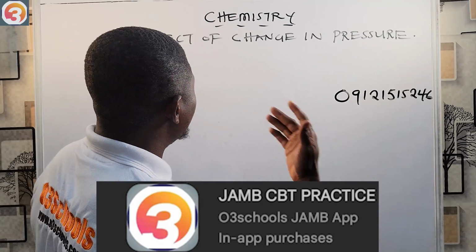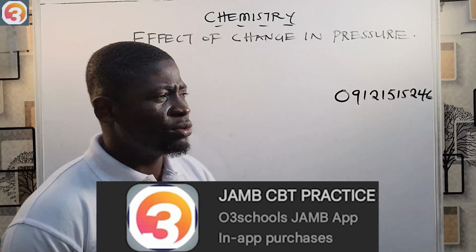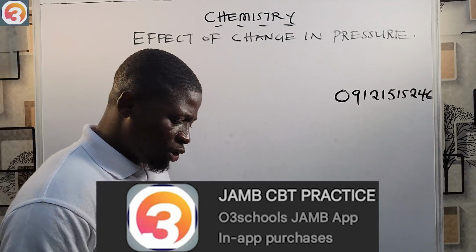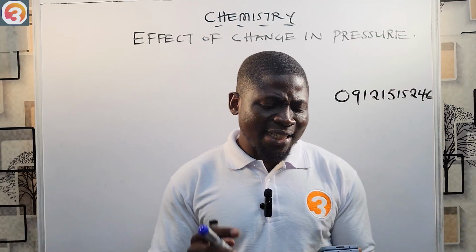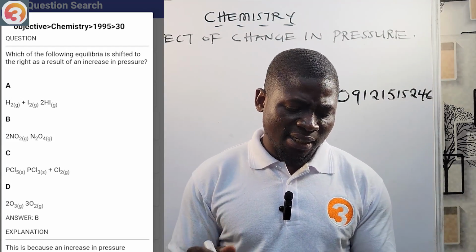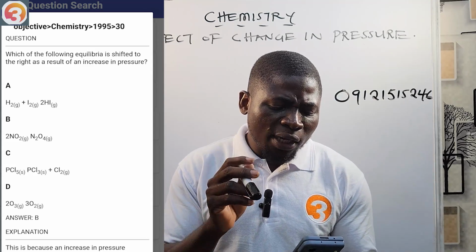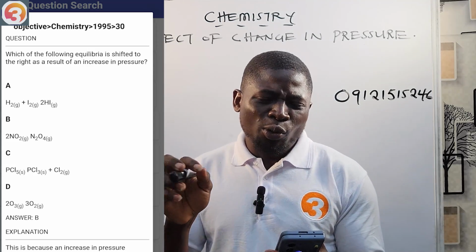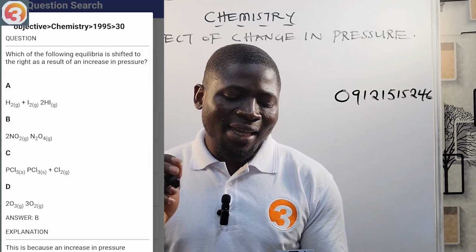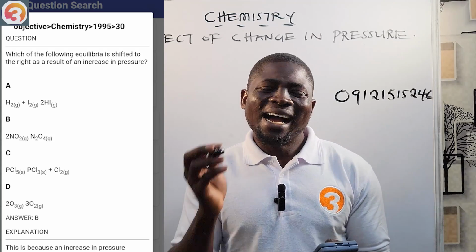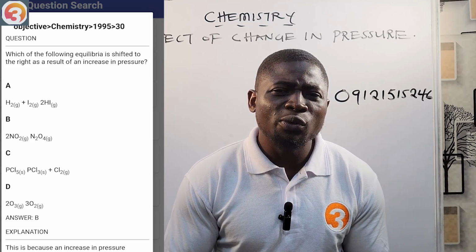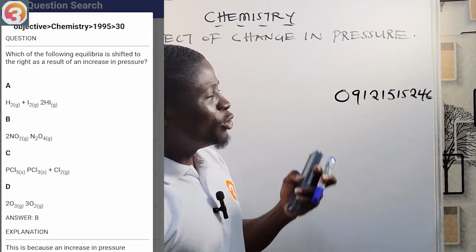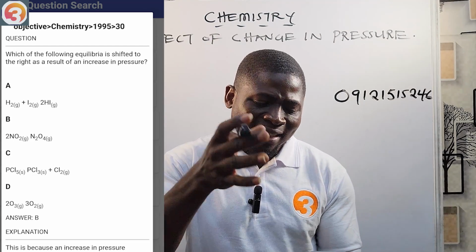Okay, now let's head back to our topic today: effect of change in pressure. I'm given a question from the O3 School JAMB app. This is a 1995 question 30. They said, which of the following equilibria is shifted to the right as a result of increase in pressure? There's no way you will know if you have not joined us in this class how we can answer this kind of question.